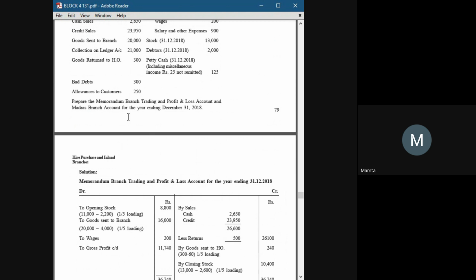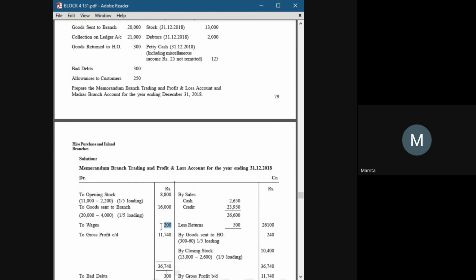Now the wages we have paid are rupees 200. It is written here in the trading account. As you know, the wages must be put in the trading account, and the salaries must be put in the profit and loss account. The rules remain the same. By sales, cash sales we have made during the year are 2,650.